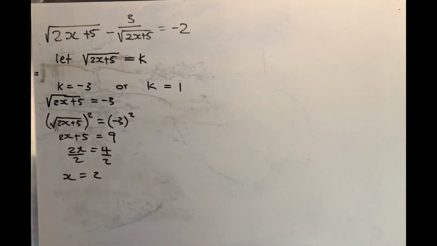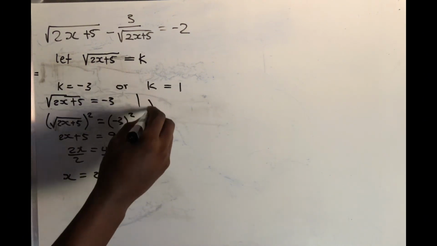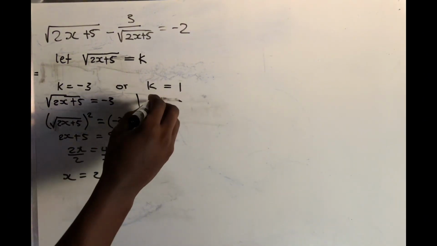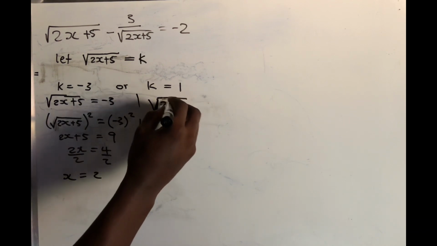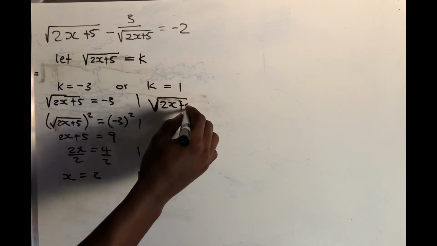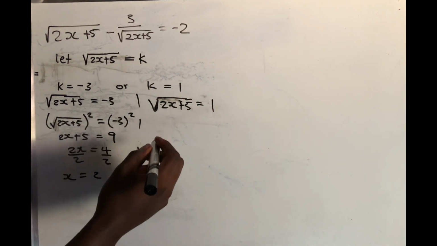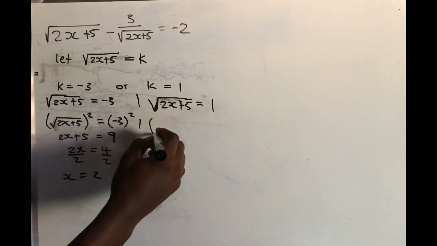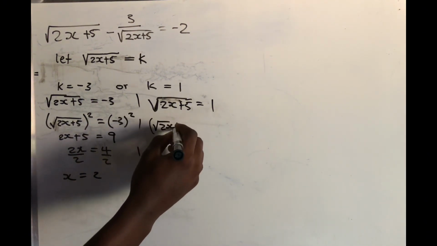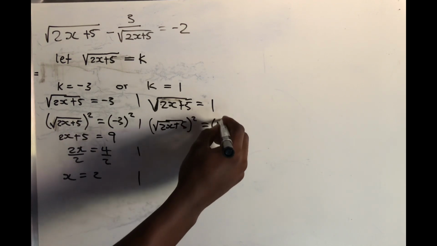On this side, we do the very same thing again. Instead of writing k, we write the square root of 2x plus 5 equals 1. You square both sides: the square root of 2x plus 5 squared equals 1 squared.